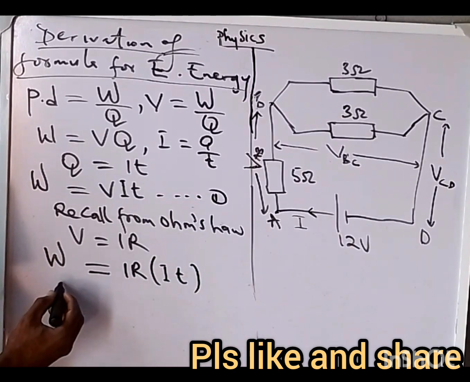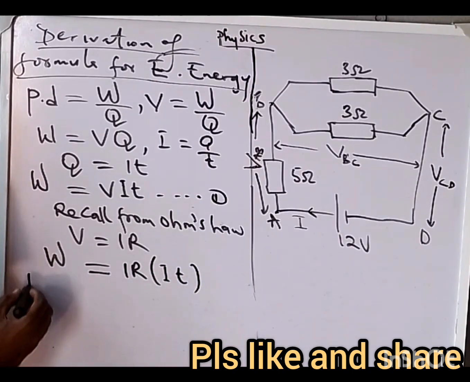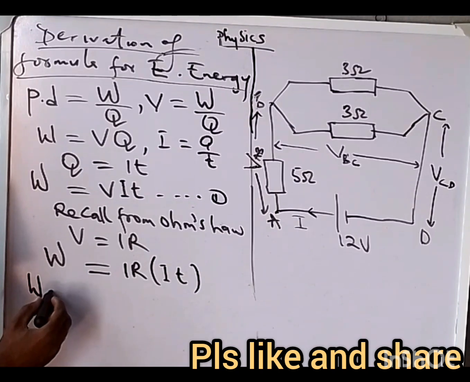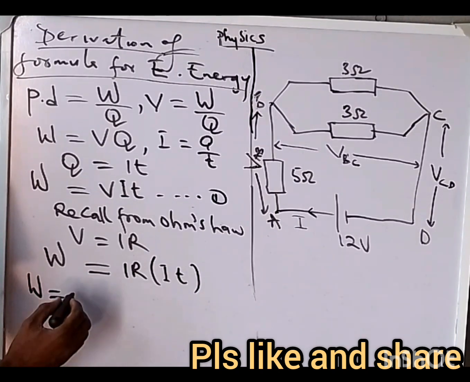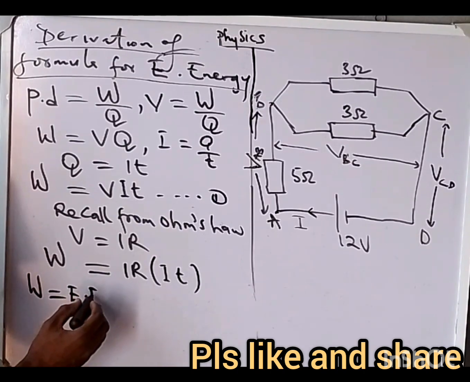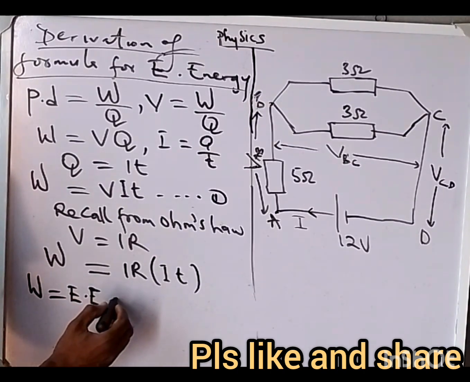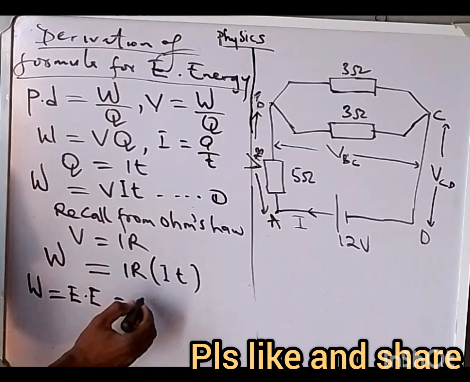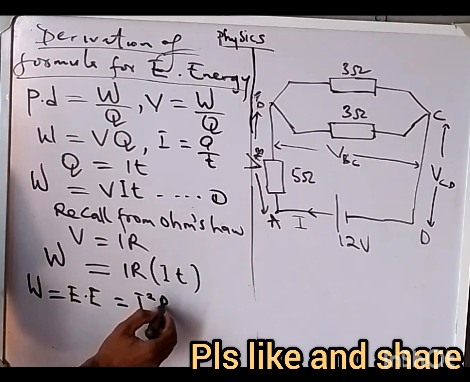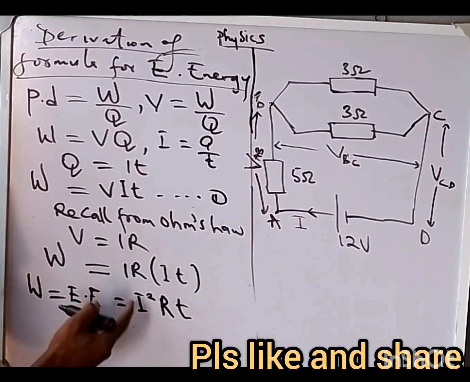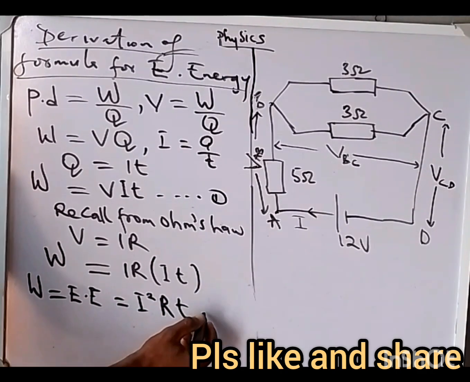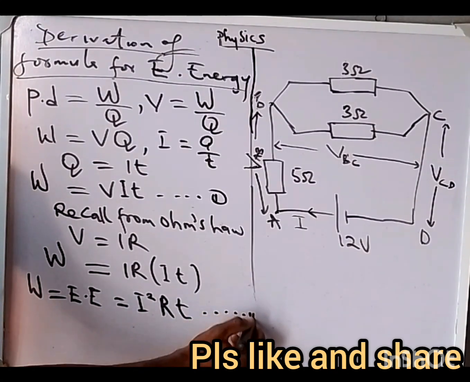That is going to give us that the work done in an electric circuit, which is equal to the electric energy in the circuit, is equal to I squared, I times I is I squared, R multiplied by T. So you now have this as equation 2.